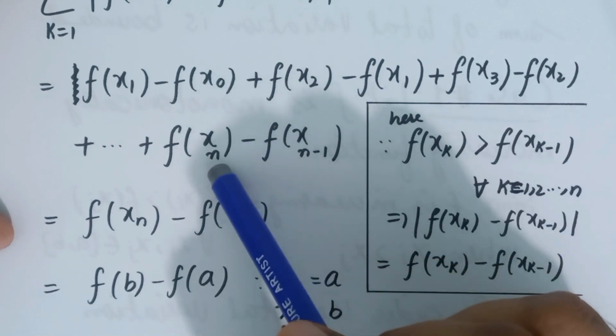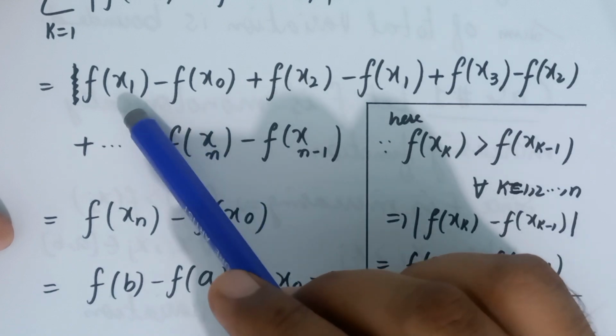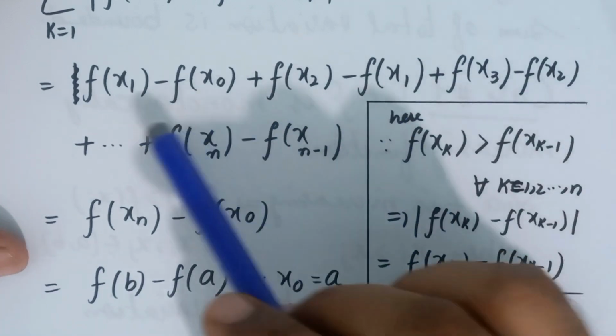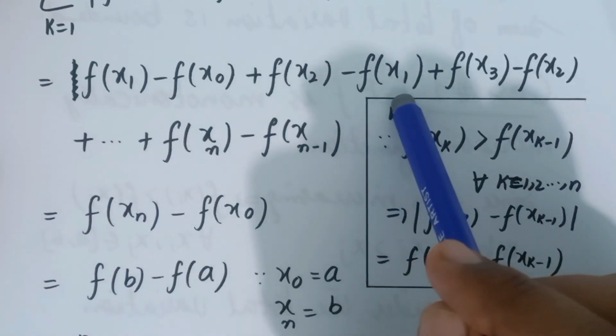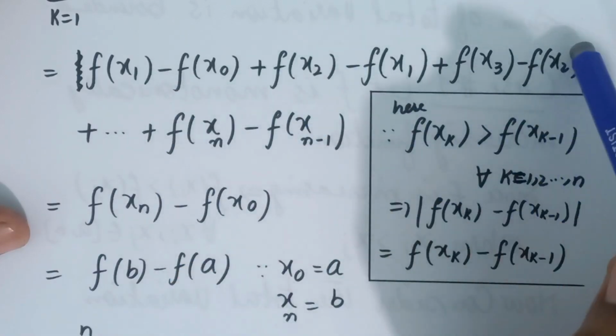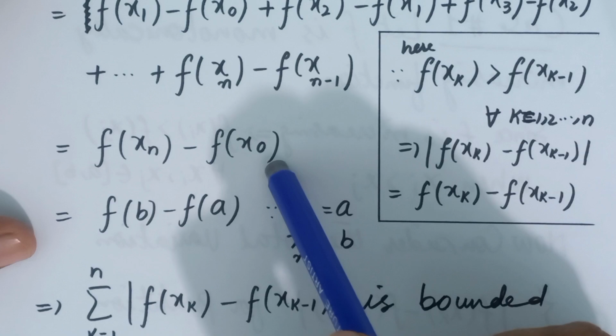These two terms occur in this summation only one time, whereas every other term occurs two times, one time with a positive sign and one time with a negative sign. So by cancelling out f of x1 with f of x1, f of x2 with f of x2, and so on, we have only two remaining terms, f of xn minus f of x0.